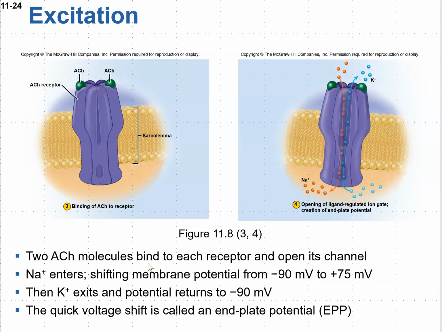The resting membrane potential of a cell is the charge difference or voltage difference across the cell membrane when the cell is at rest. So the resting membrane potential of a muscle cell is minus 90 millivolts.